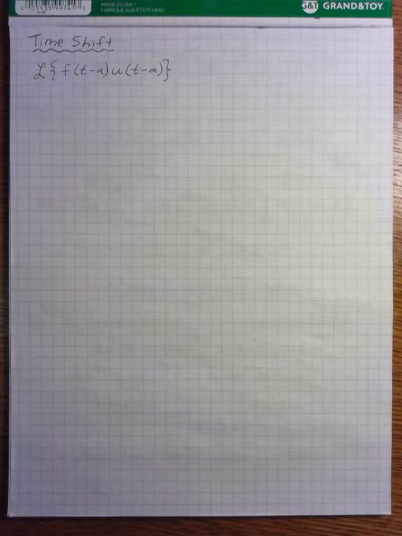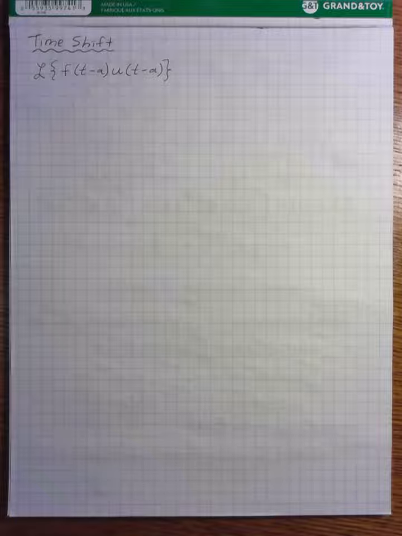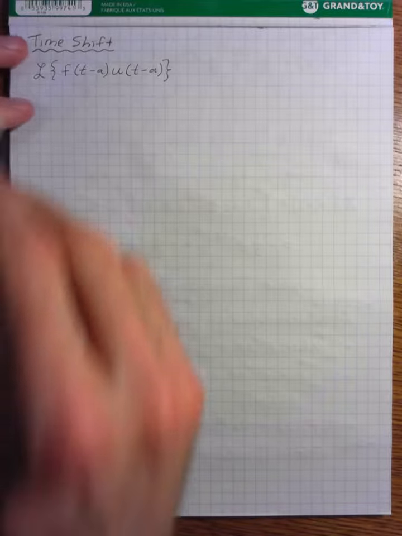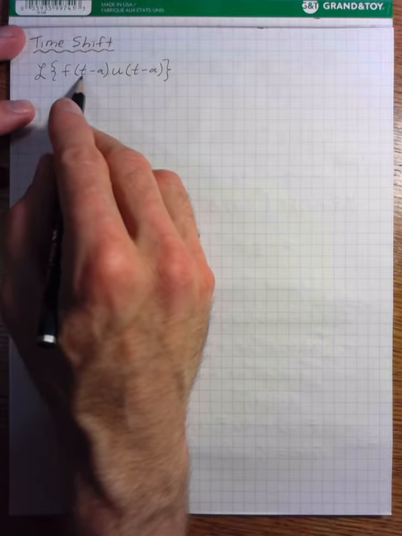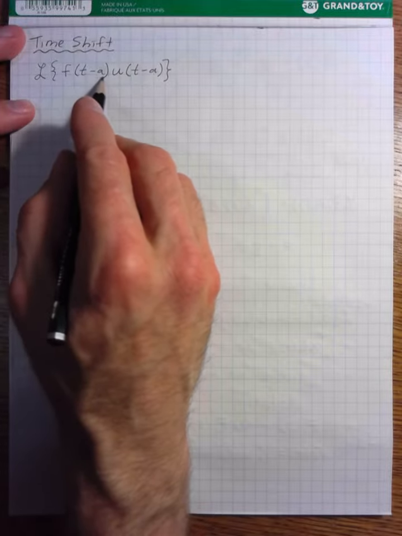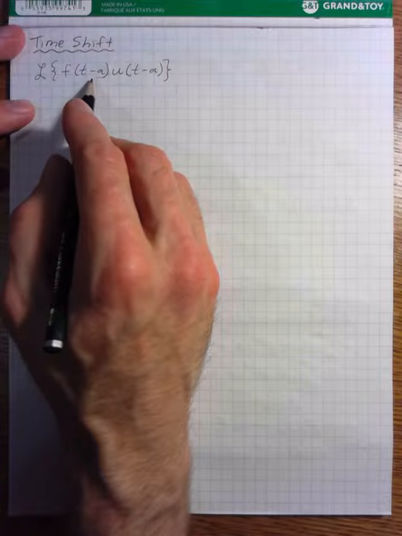So the next thing we'd like to do is take a time shift or delay when we switch on our system by delaying our step function. And in general, we represent a time shift in the Laplace transform as a time domain function f of t shifted by some value a, and a is just the time shift.